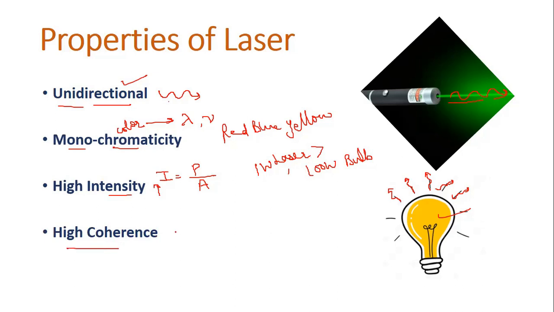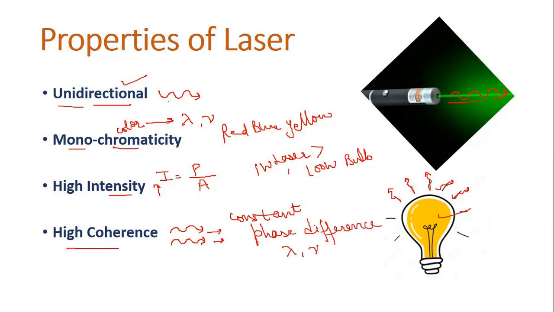That is the coherence. Let's suppose you have two wavefronts or two photons, and they are traveling in the same direction, they have a constant phase difference, they have the same wavelength, the same frequency, and the same amplitude.